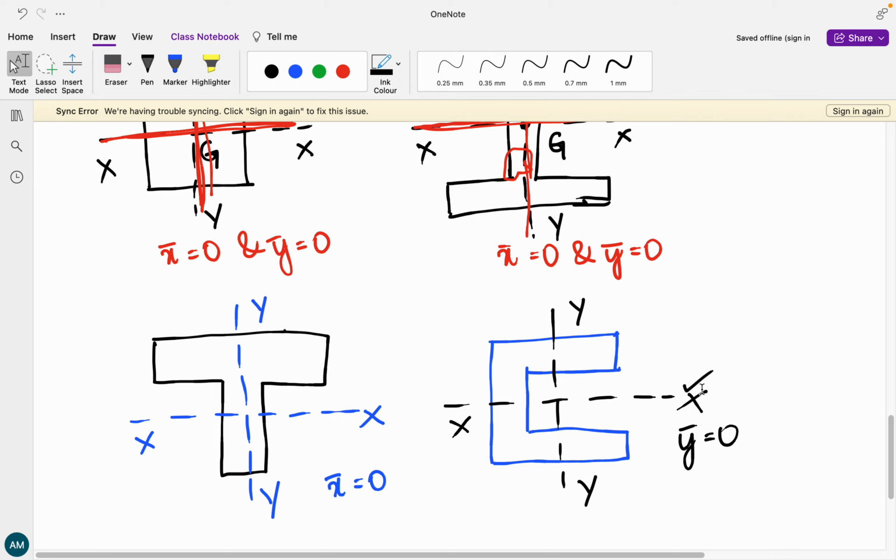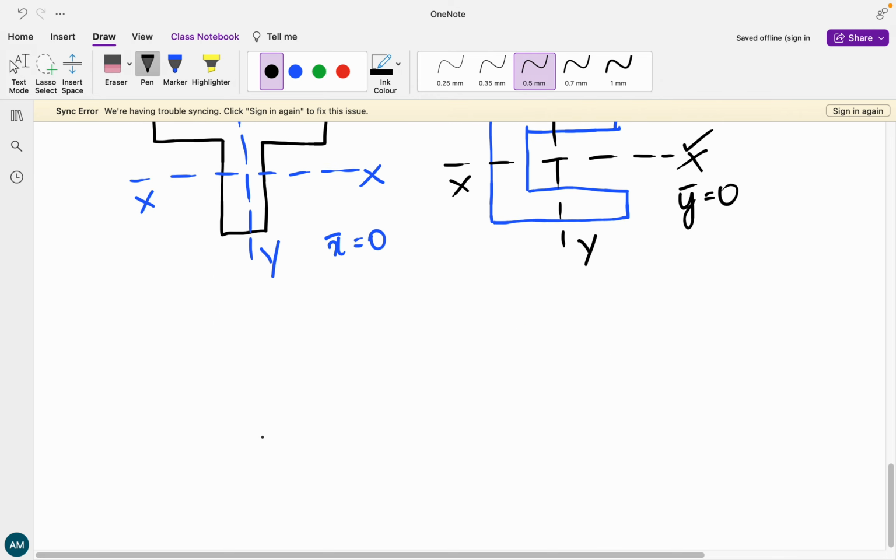Now, the other type of figure that I am going to consider is an unequal C-shape figure. Say something like this.